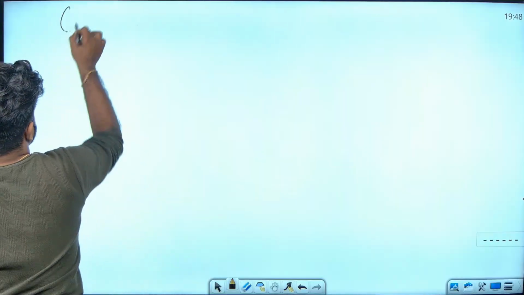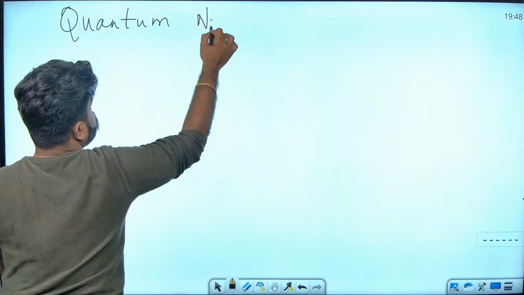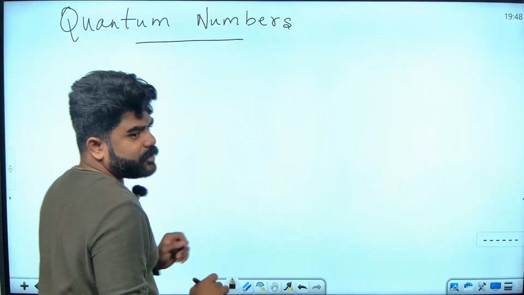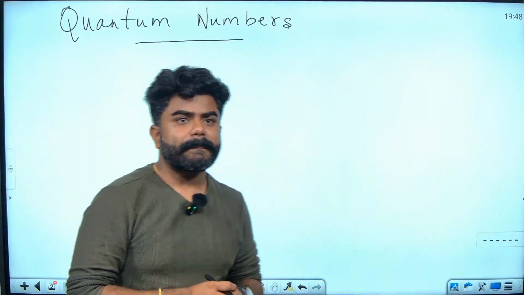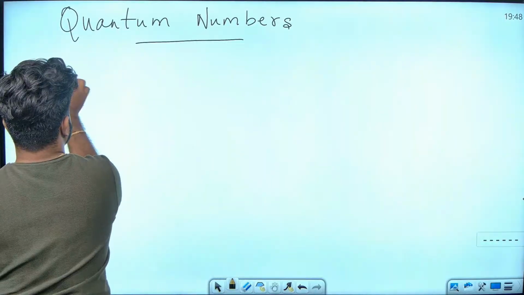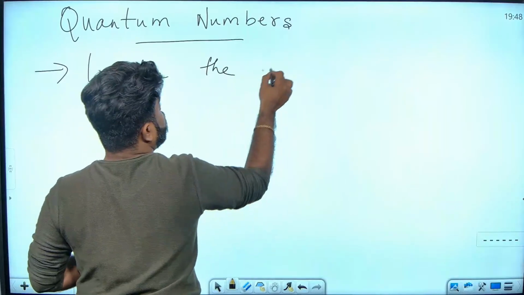So in quantum numbers, first of all, what do we use quantum numbers for? What is the purpose of quantum numbers? Sir, it gives the exact address to locate the electron.